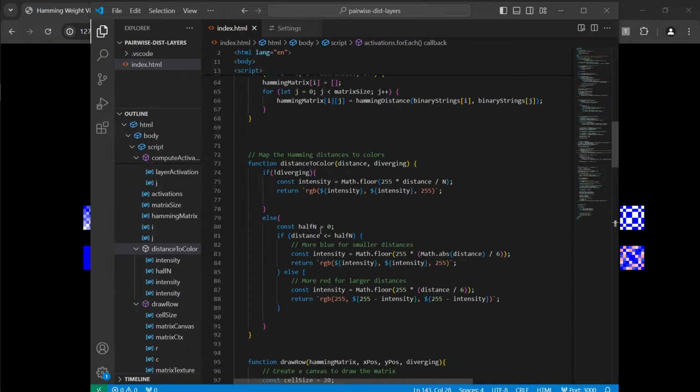Okay, so if you are diverging, half n is n over 2. And no. If you are diverging, it's 0.